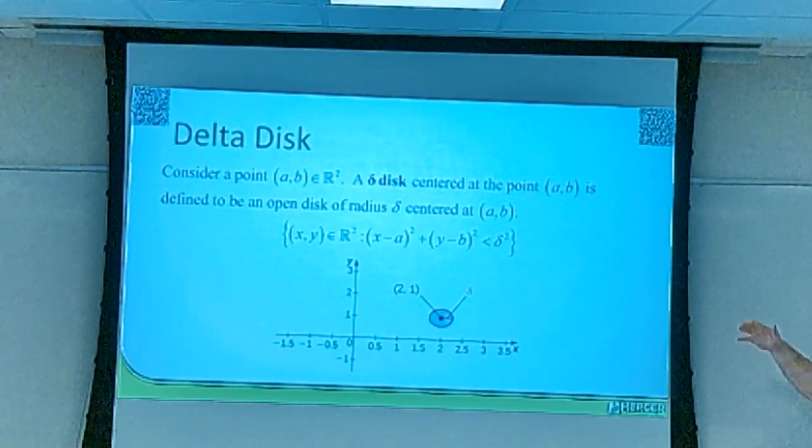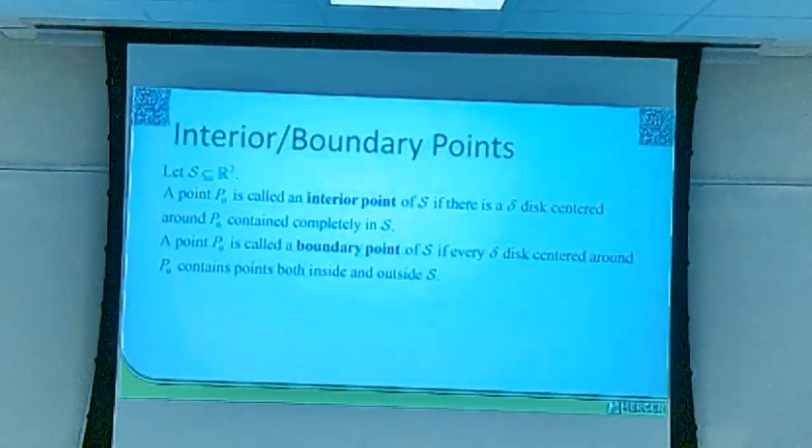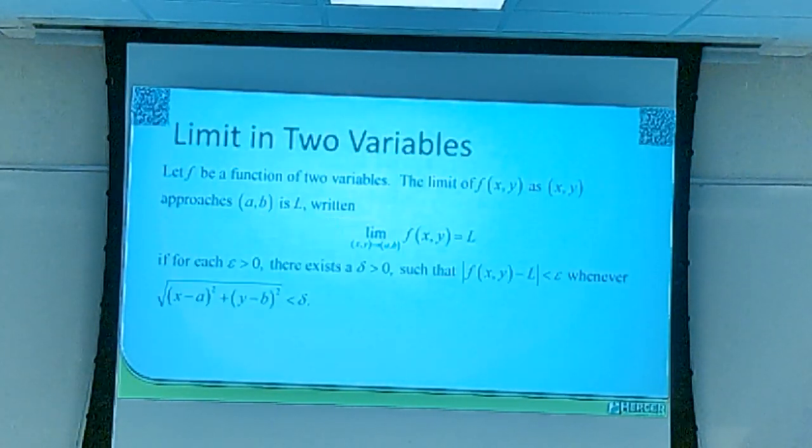I'm going to let you read through a lot of this on your own. This is setting up the theory needed for multivariate limits. Formal definition of a two-variate limit.